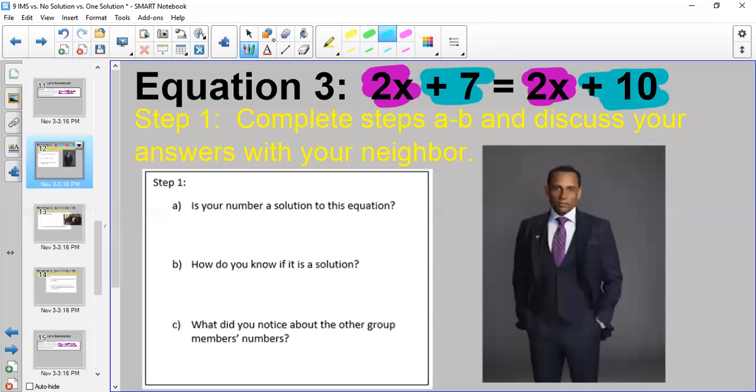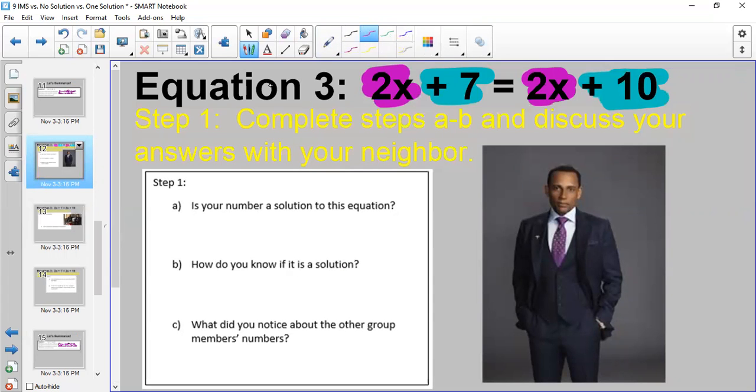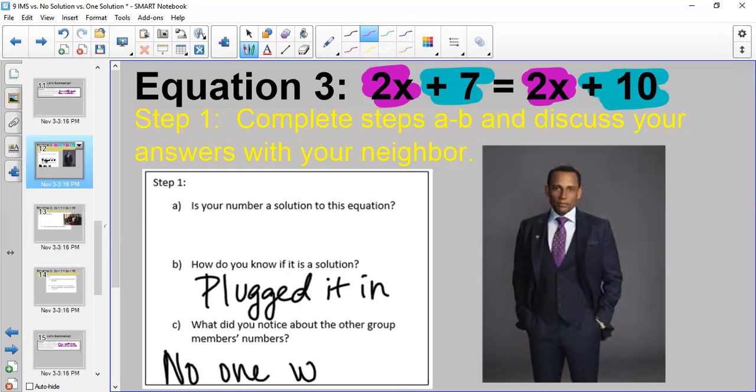Okay, so everybody in class plugged in their answer. And how did we know? They plugged it in to figure it out, and one side had to equal the other side. And what did we notice when it came down to who was the winner in this class? No one won. We had no winners. Everybody was a bunch of losers in this class.